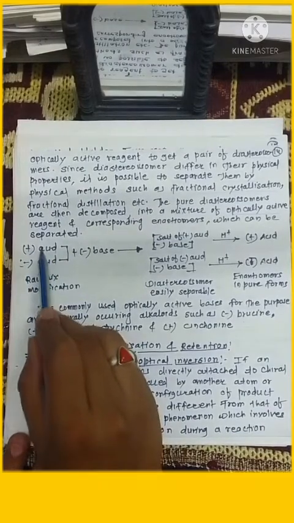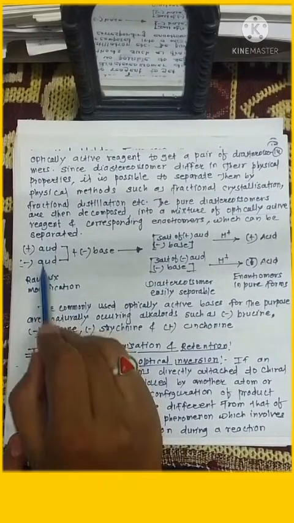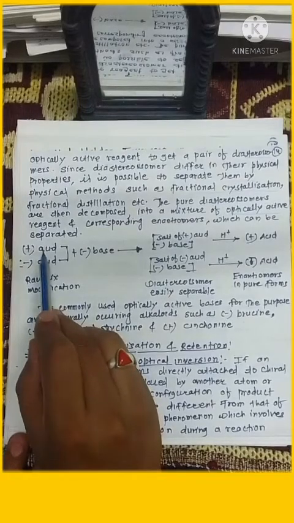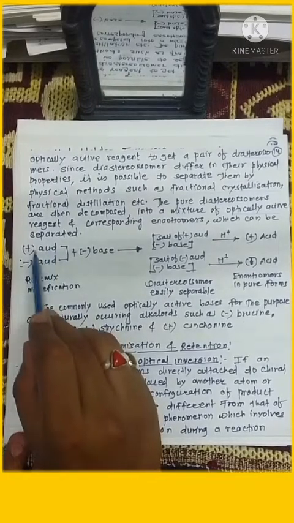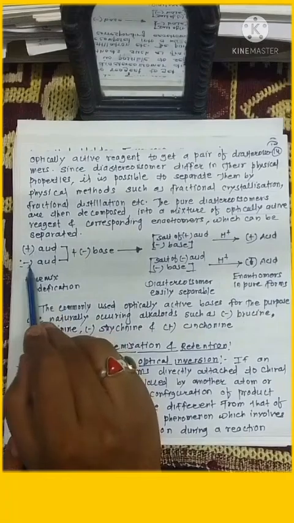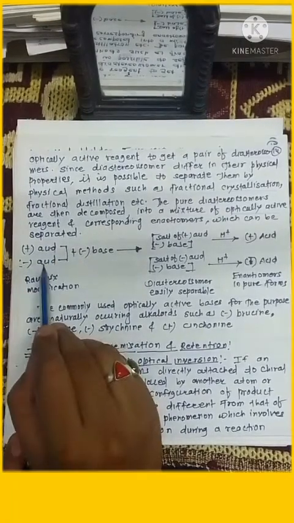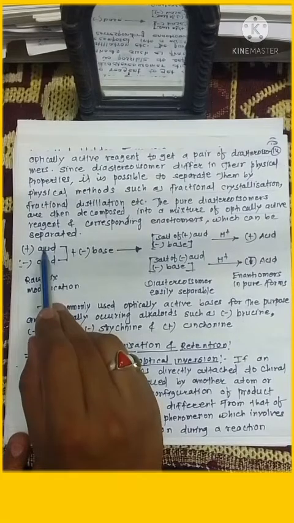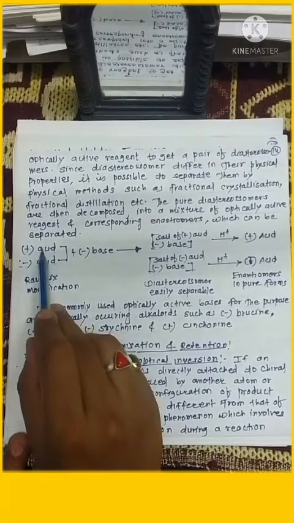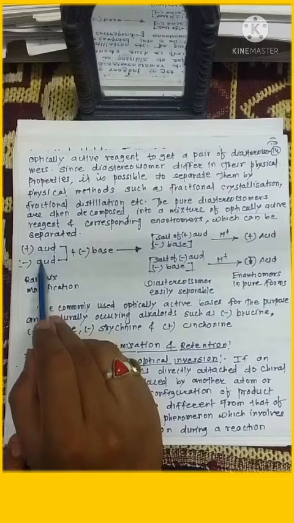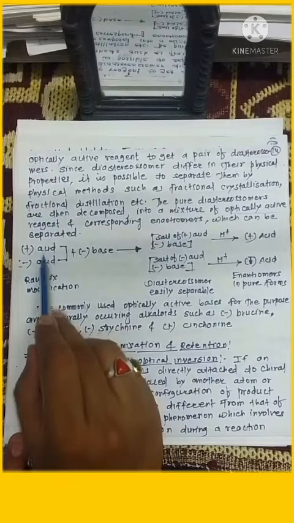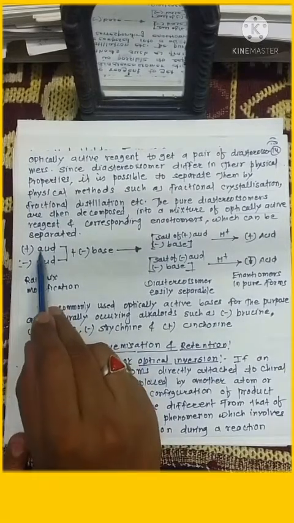Just see, this is the racemic modification which contains equal amounts of positive and negative forms of acid, or positive and negative forms of an optically active compound in equimolar quantity.